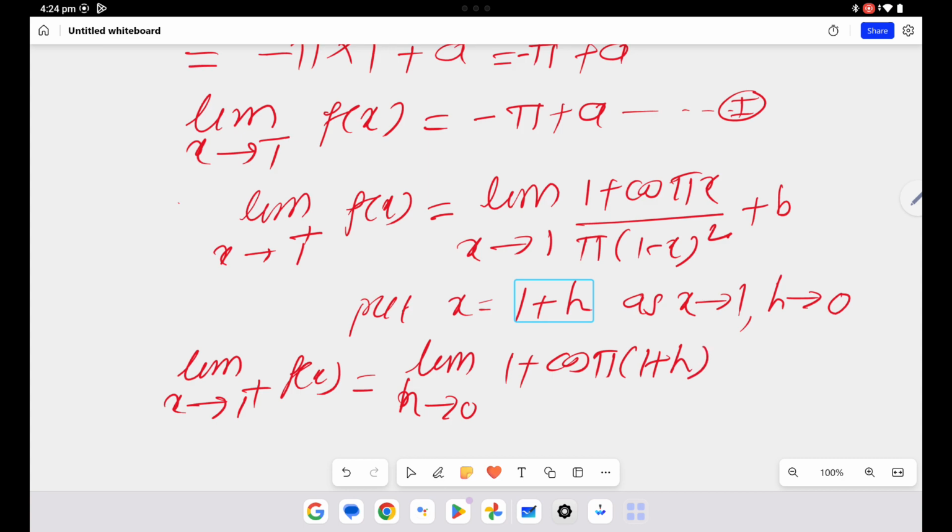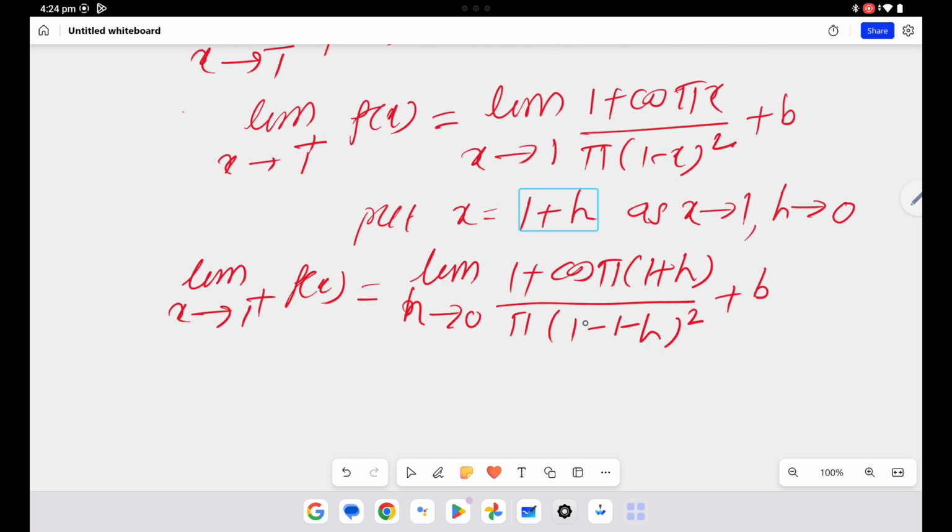1 plus h upon this pi. In bracket, 1 minus x is equal to 1 plus h, so multiply by the minus sign, minus (1 minus h) whole square, plus this constant b as it is.